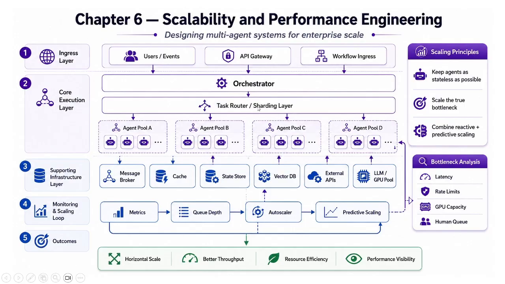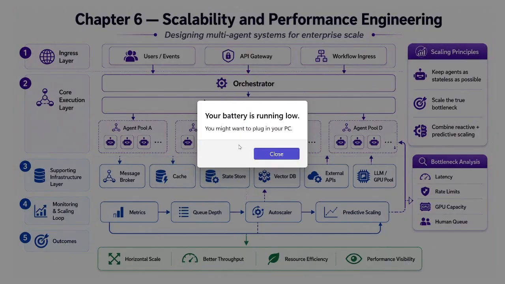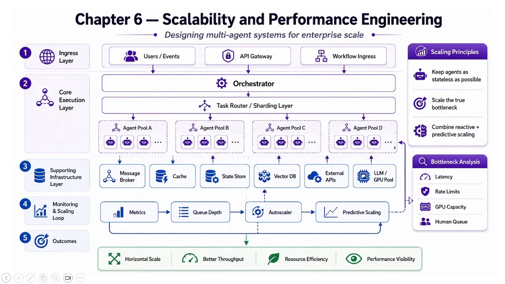Then you have stage two, which is the core execution layer. You have your task routing and sharding from the orchestrator to the agent pools. You have agent pool A, which can consist of several agents, agent pool B, also a combination of several agents, agent pool C, and agent pool D. You can see the reason why you should design agents based on business units: business unit A agent, business unit B agent, business unit C agent, business unit D agent, so that all the agents are not just combined into one single architecture.